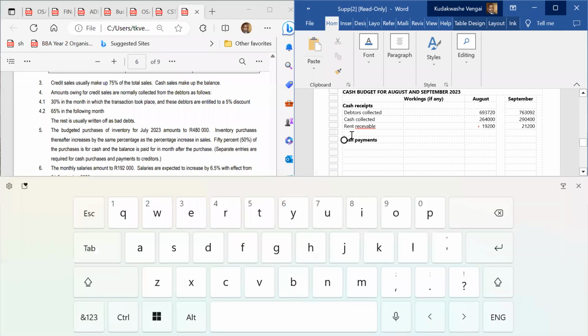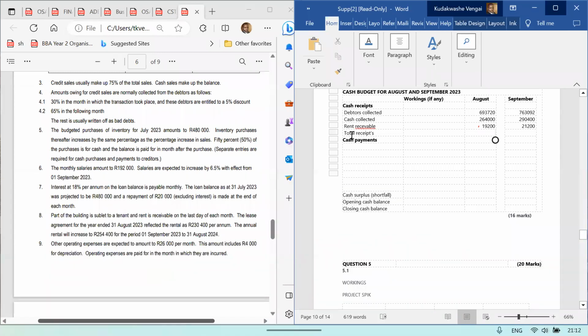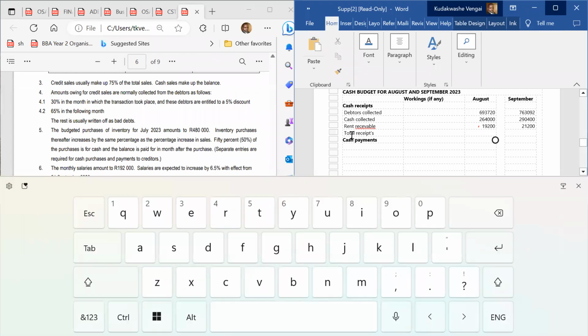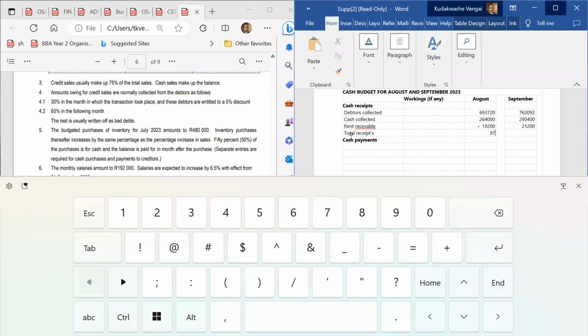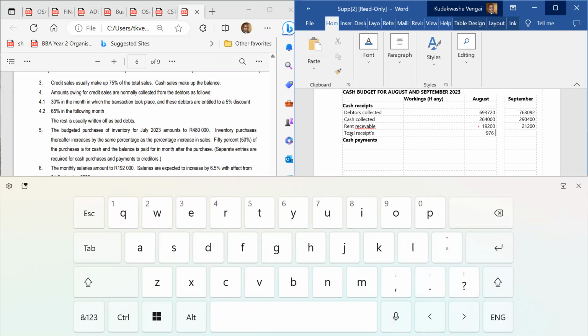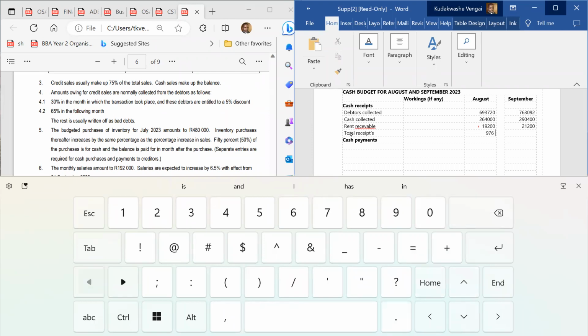So we can then add here for us to get our total, right? So we can even say here total receipts. And then add all of our totals together there, right? Which is 693,720 plus 264,000 plus 19,200. And then we get here 976,920.